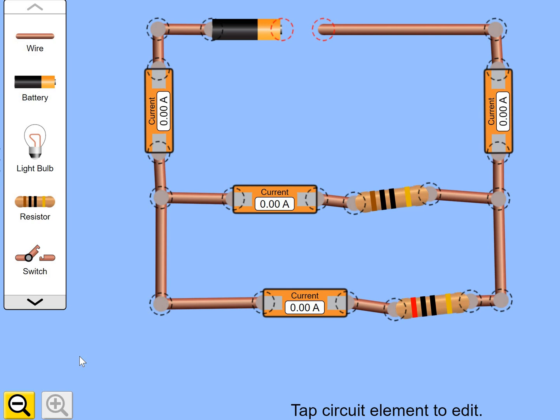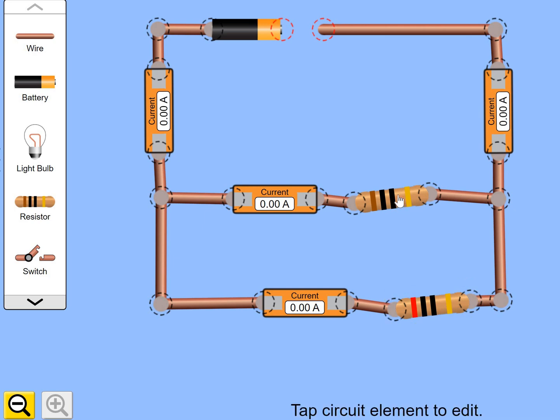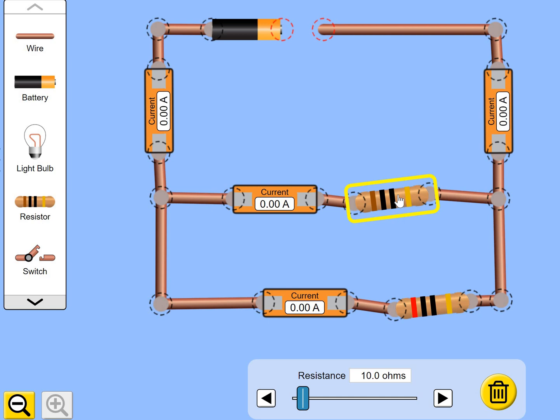They split equally with the two bulbs. Both branches on the bulbs had a current of 0.9 amps, but here it's going to be slightly different. This resistor is 20 ohms, which is double the resistance of the top resistor, which is only 10 ohms.